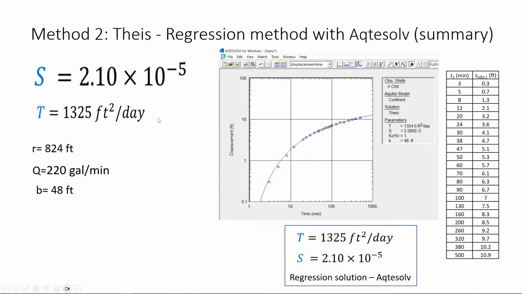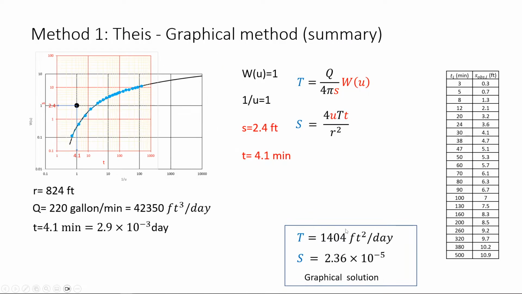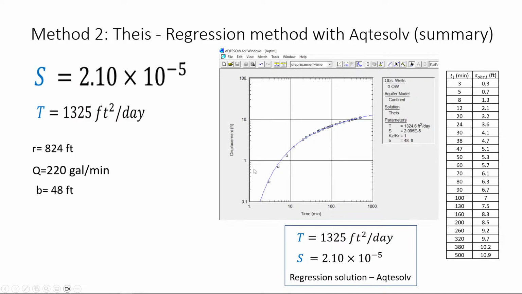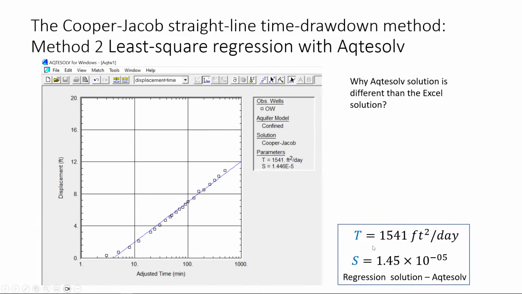Yeah, I think it's very easy. So let's look at our solutions here. This is what we did by graphical method. We got something that looks like this. Regression method with Excel, we got something that looks like this. Regression method with AquiferTest Solve, we got something that looks like this. Here with Jacob and Cooper, when we did this with Excel, we got something like this with the regression method, and when we did Jacob and Cooper with AquiferTest Solve, we got something like this.